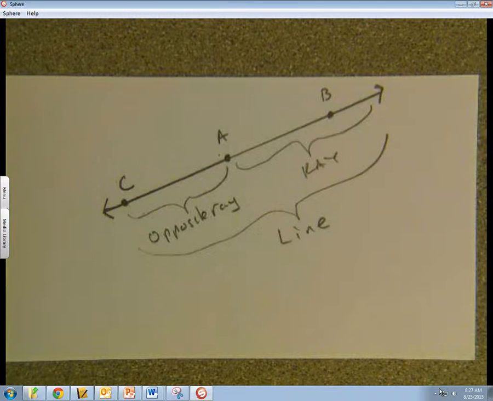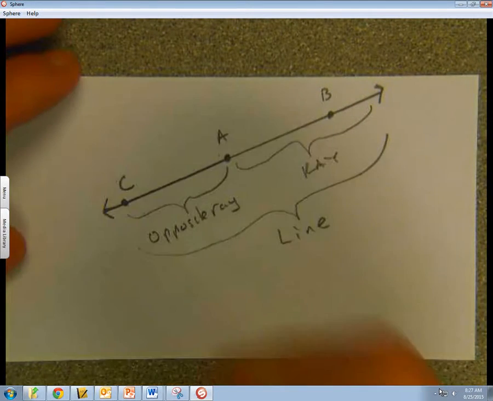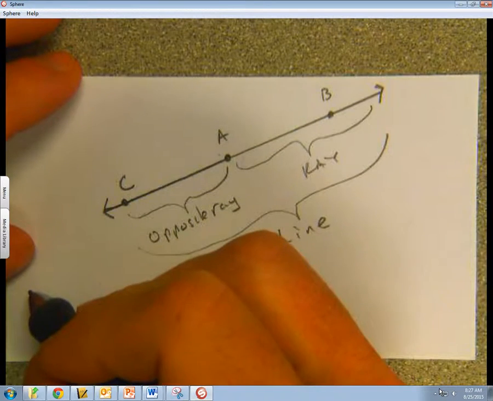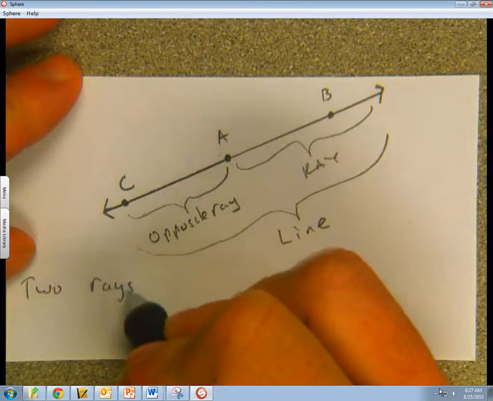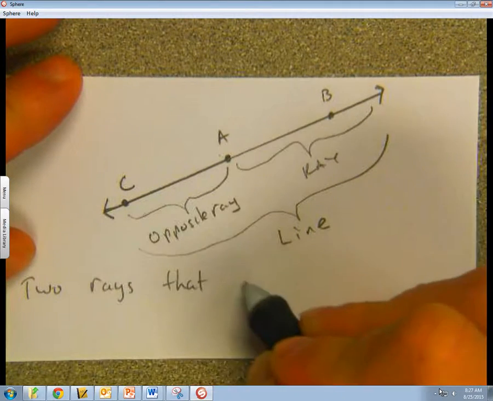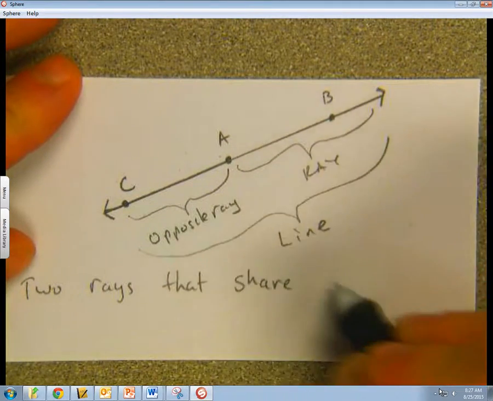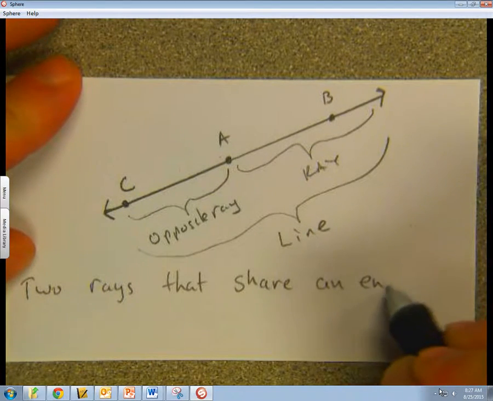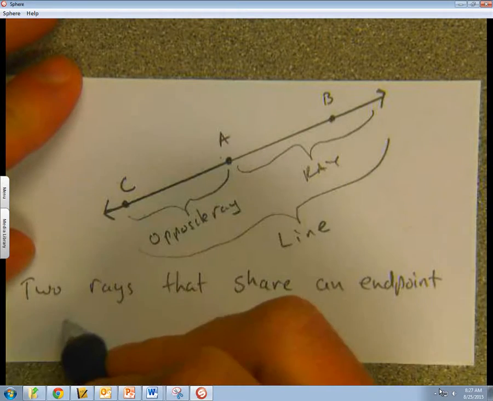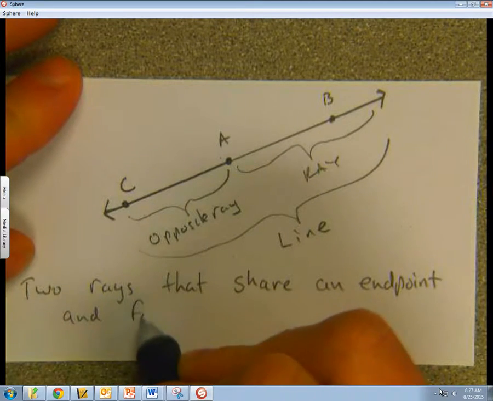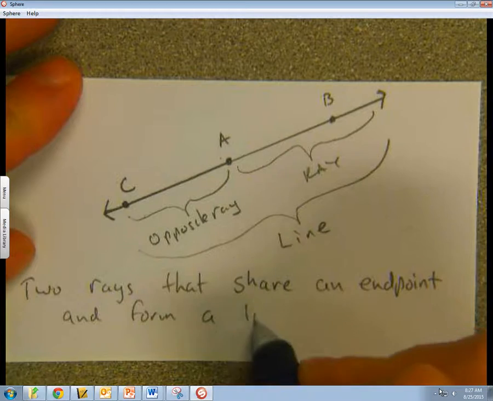Okay, so they have 2 rays that share an endpoint. And form a line.